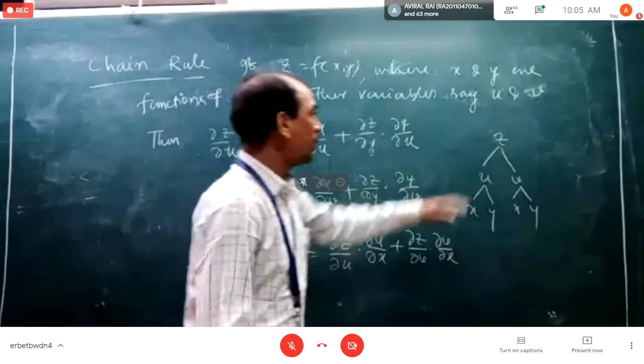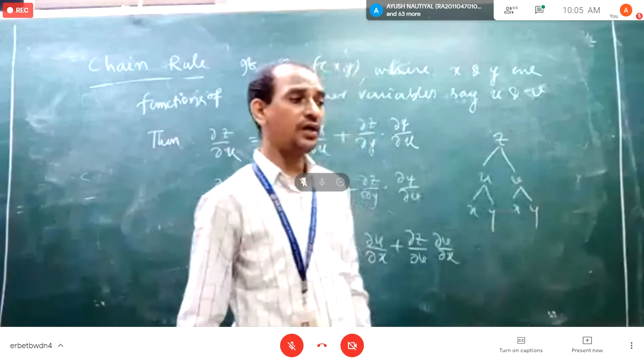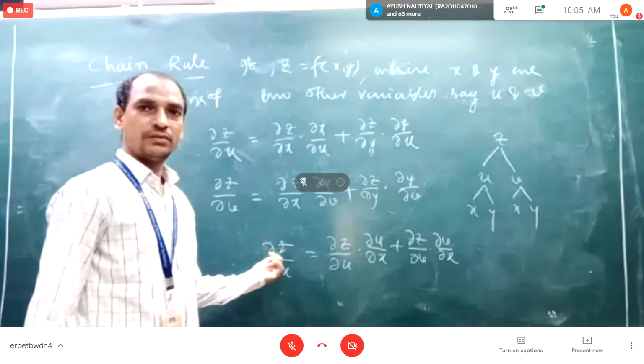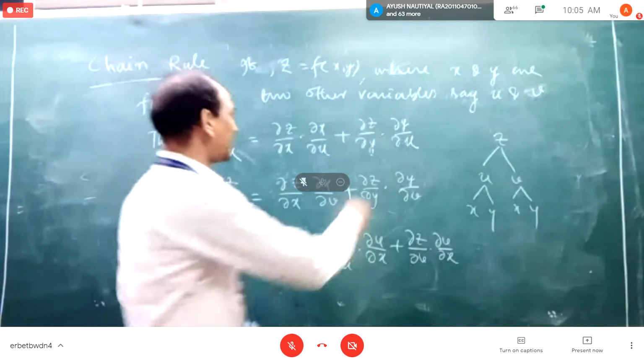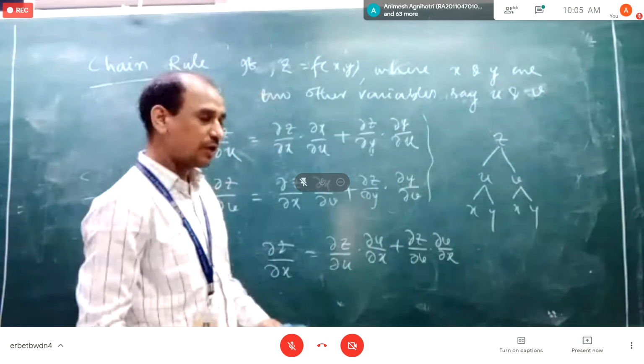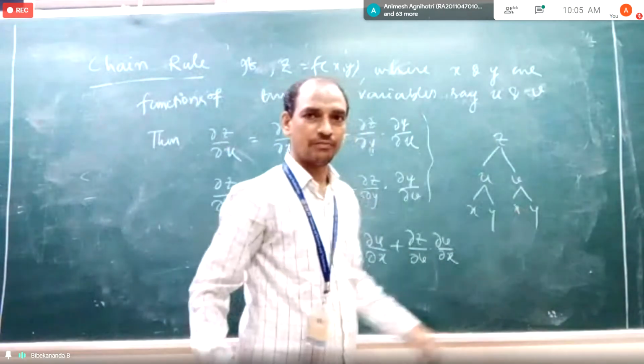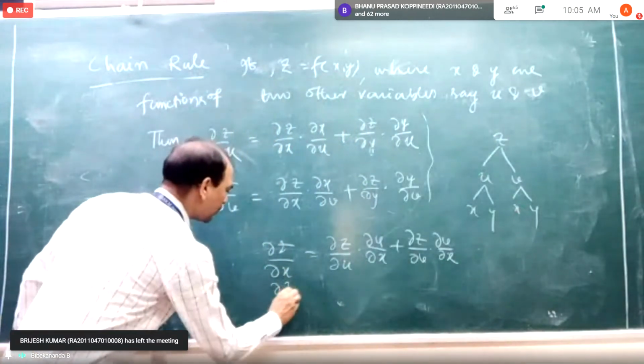So depending upon the relation, you have to use the chain rule. It is not that the chain will always be like this; it depends upon the relation between them. So similarly, what will be ∂z/∂y?